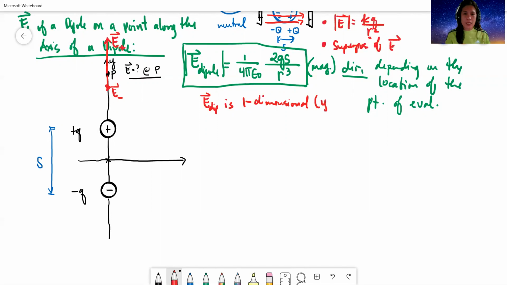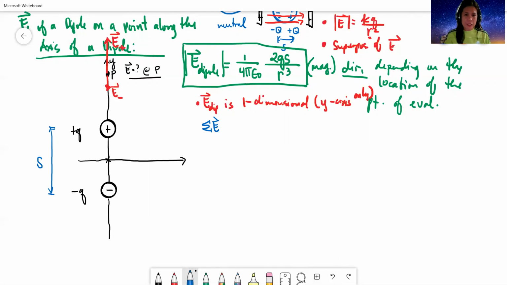So, along y-axis only. Okay? It makes our work easier kasi one-dimensional. Okay. Next, we will add these two vectorially using superposition. So, I will have to say here that the summation of the electric field at point P, so I'll just say it's dipole, point P na lang muna.